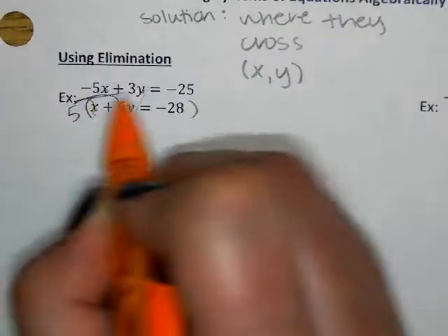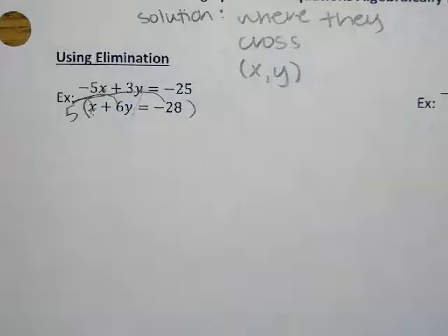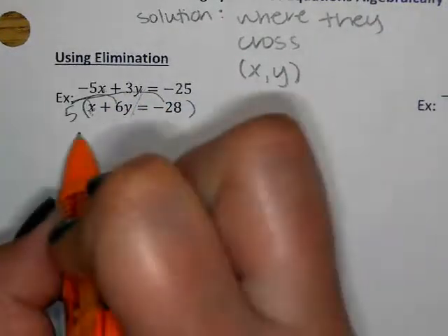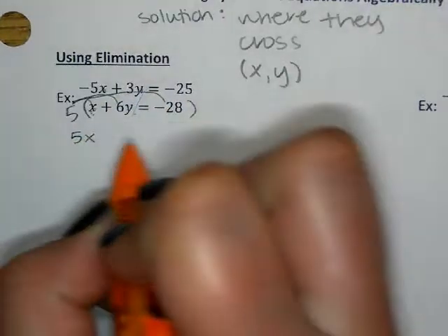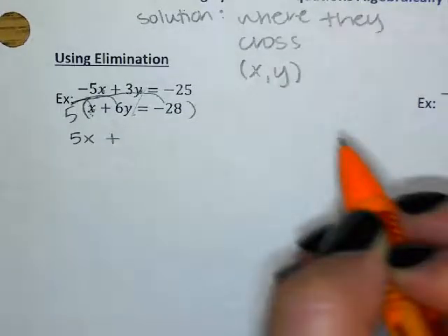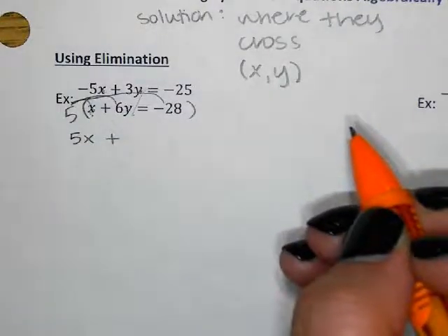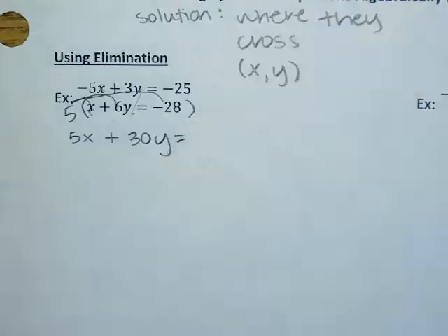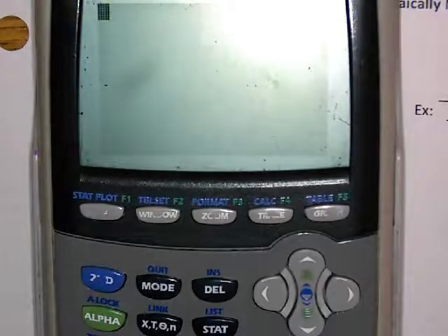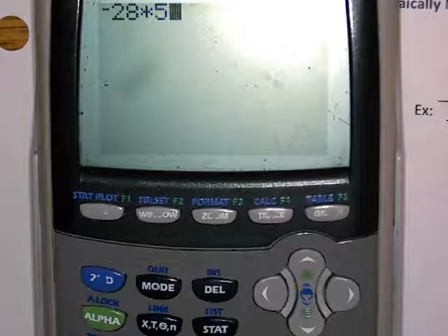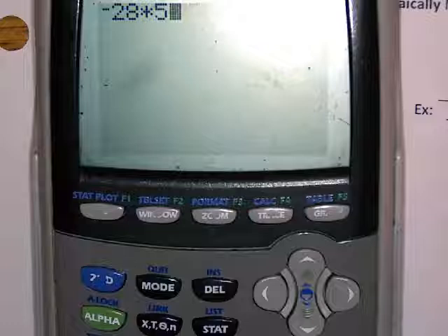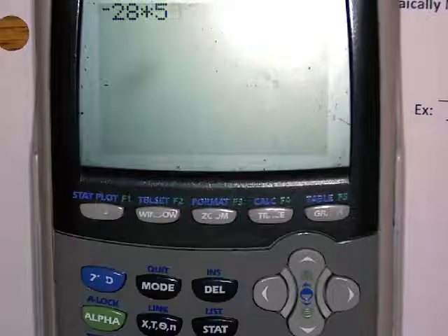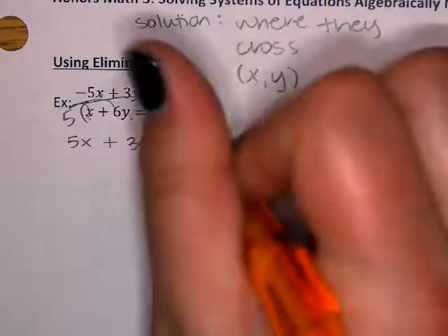Okay, so 5x plus, what's 5 times 6y? 30y. And here's when I get my calculator out. -28 times 5, anyone? -140? Yep. Okay. So there's the line that I fixed.